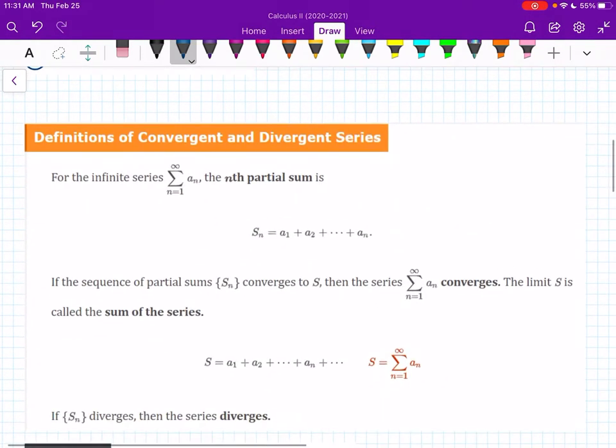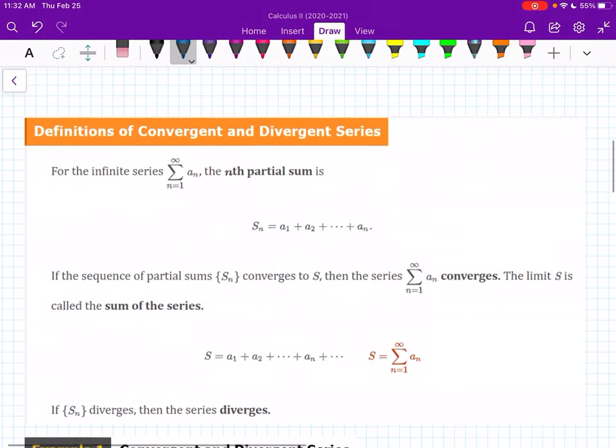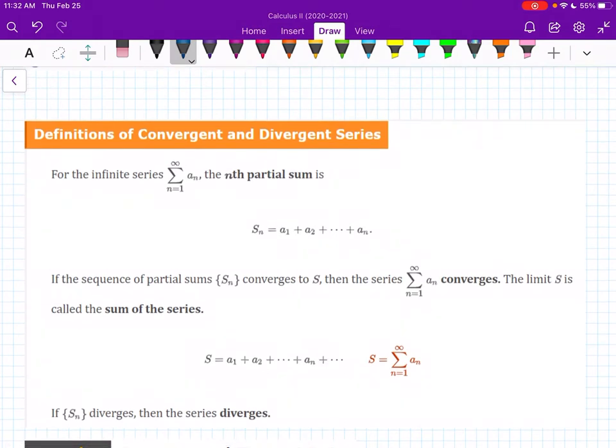So here's the definition of a convergent and divergent series. So if we look at our partial sum, S sub n, okay, so if I have that for my series, then I can say if the sequence of partial sums converges to S, then my series from 1 to infinity of a sub n converges.